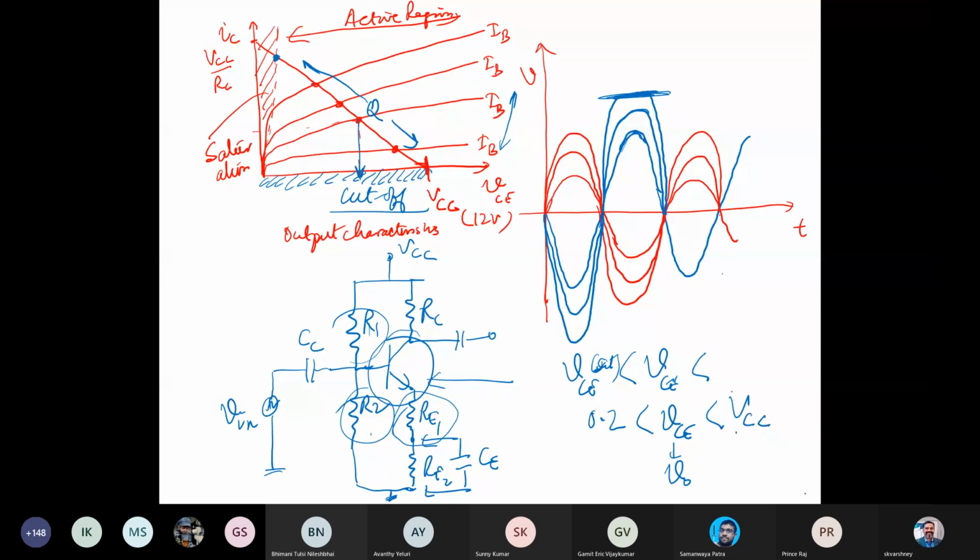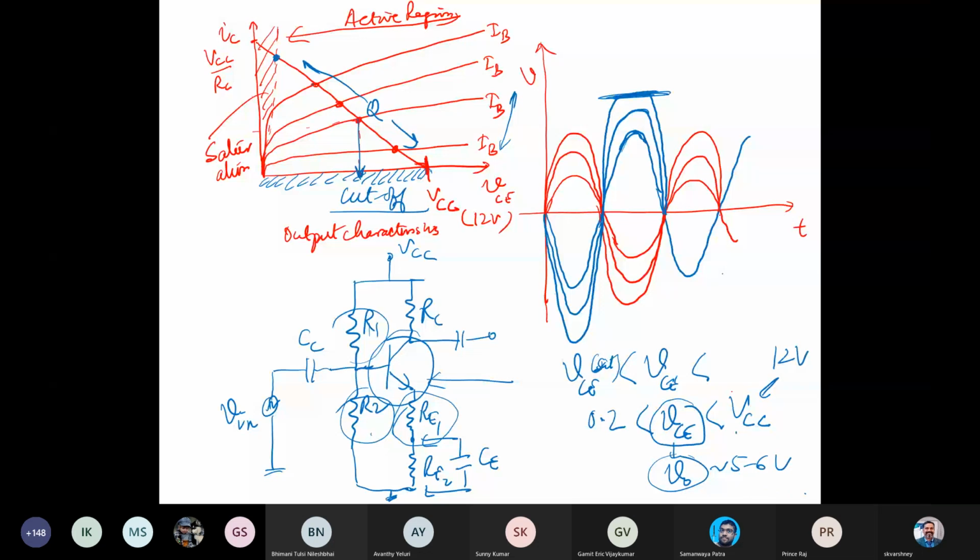If VCC is 12 volts, for example, and by measuring it you get around 5 point something or 6 volts, it means you are in the active region. So this is located somewhere in the middle, which is very suitable, meaning the Q point is well placed, with the output voltage between 5 and 6 or 7 volts.